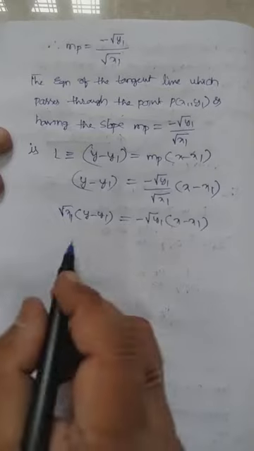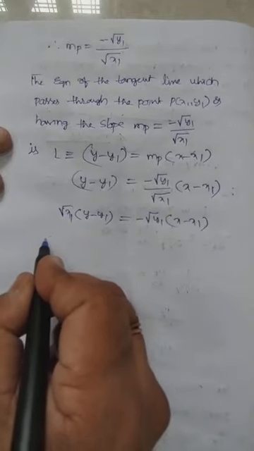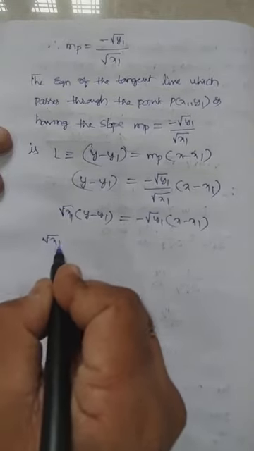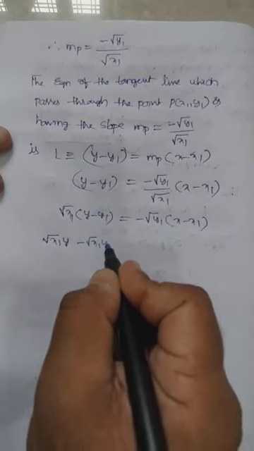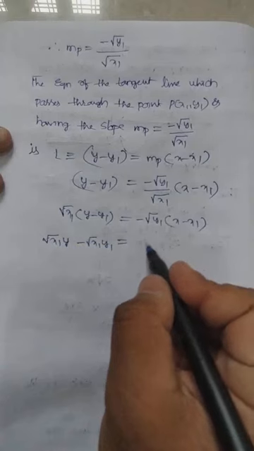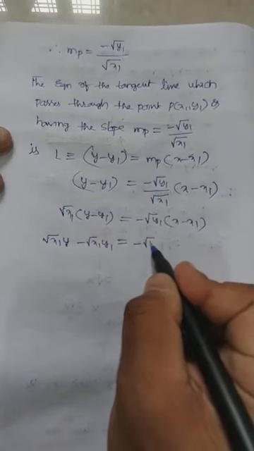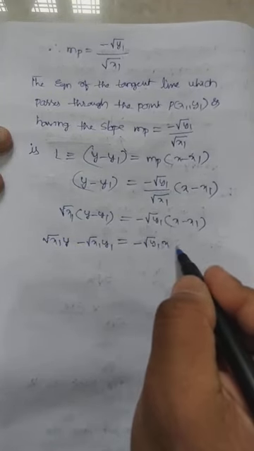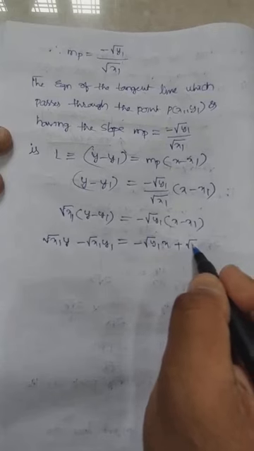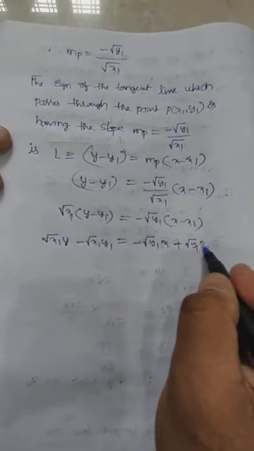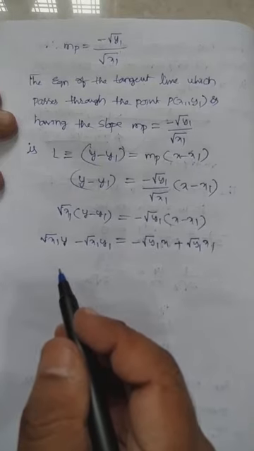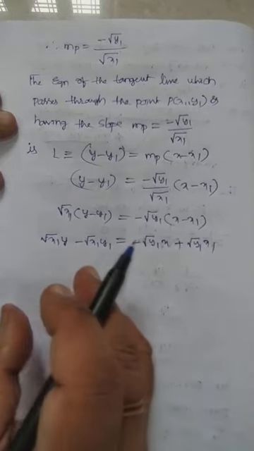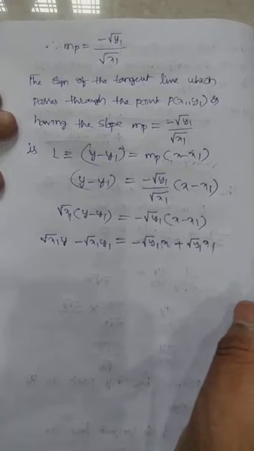Okay, so now what I would get, multiplying: root x1 into y minus root x1 into y1 is equal to minus root y1 into x plus root y1 into x1. We are making this equation in the intercept form, with the x term on the left side and the constant on the right side.